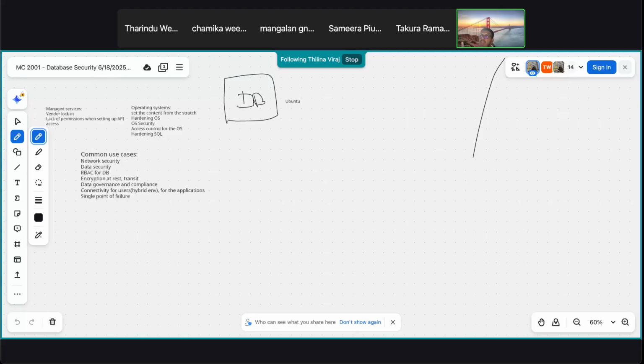But this one is basically you are transferring the risk to a third party. You don't have access to the OS level, but that OS level access is with the cloud provider, and they manage it for you.